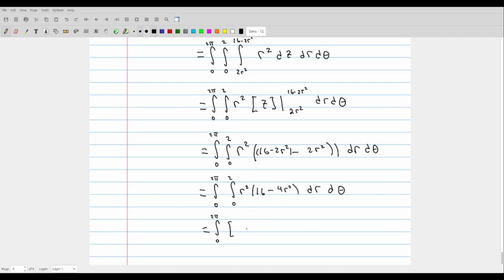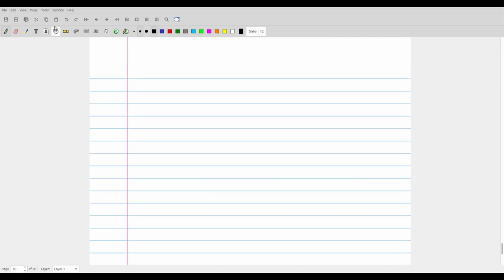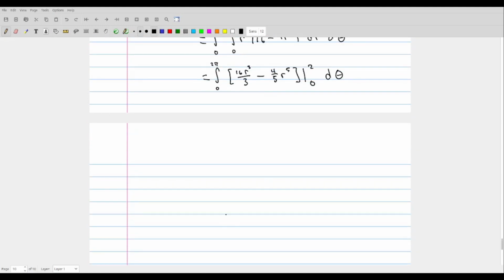This will be the antiderivative of 16 times r squared, which will be 16r cubed over 3, minus 4 times the antiderivative of r to the fourth, which will be 4/5 r to the fifth, from 0 to 2. So when you plug in and do the arithmetic on this, you end up getting exactly 256 over 15.